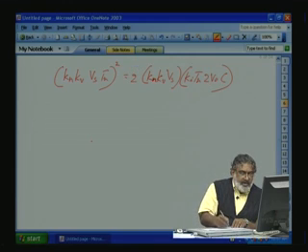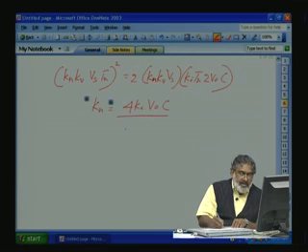So, from this one we can get the equation Kn is equal to 4 Ki V0 into C divided by Kv Vs into Tn.